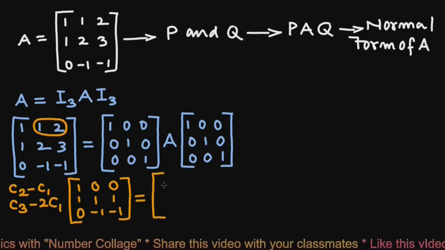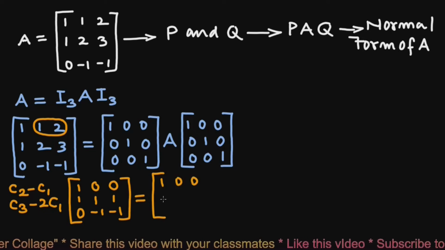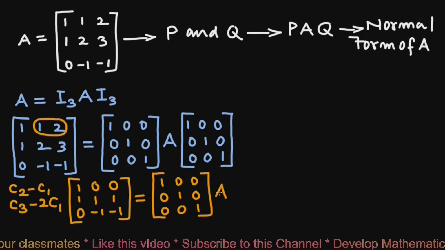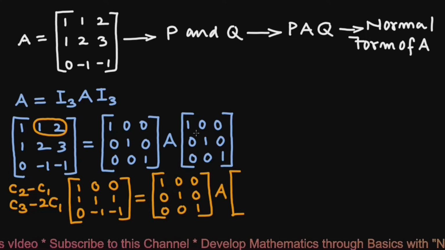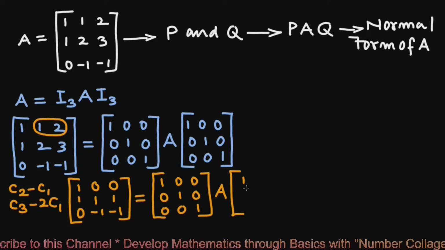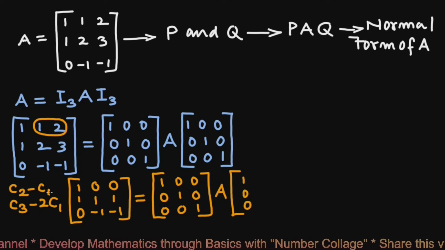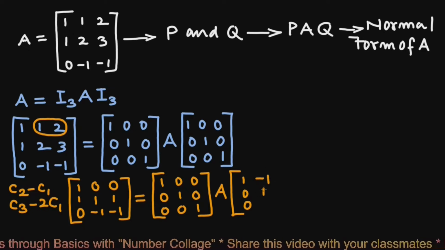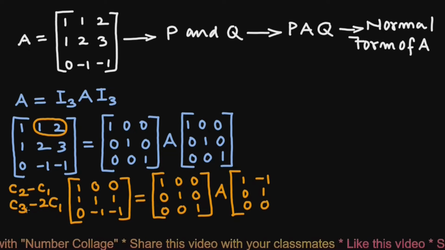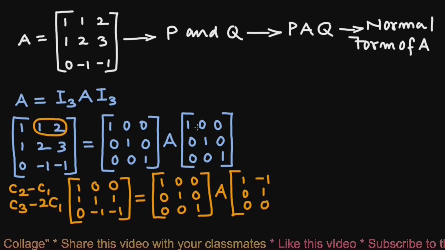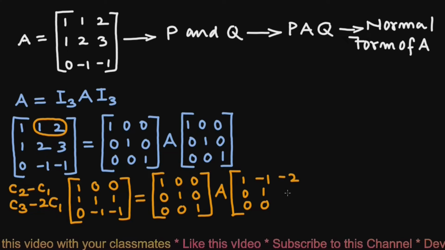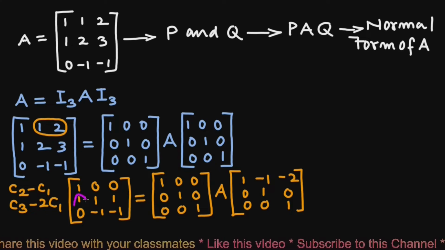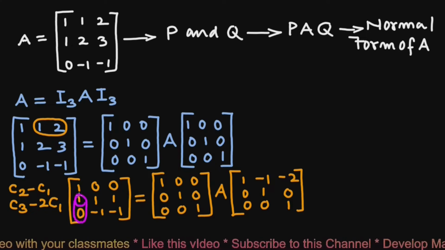The prefactor will remain the same, [1 0 0; 0 1 0; 0 0 1], then A, then the same column transformations on this post factor. First column will remain the same, C2 minus C1 will be 0 minus 1 = -1, 1 minus 0 = 1, 0 minus 0 = 0. C3 minus 2C1 will be 0 minus 2 = -2, 0 minus 0 = 0, 1 minus 0 = 1.